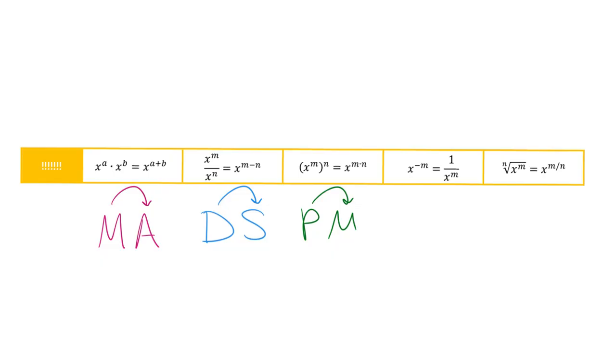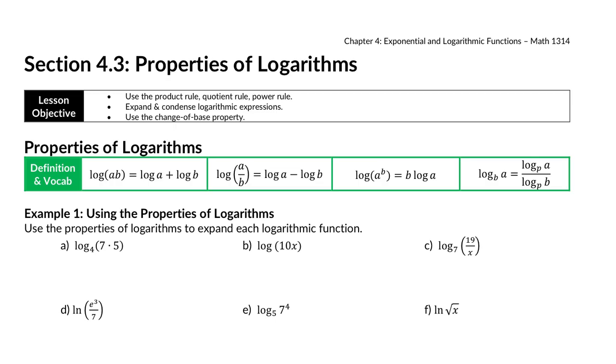So if we look at today's notes, we have all of the properties of logarithms. But if you look at it closely, we still have MADSPAM. Multiply, add, divide, subtract, power to a power, multiply comes right here. If you are adding logarithms, you can condense them by multiplying the arguments.